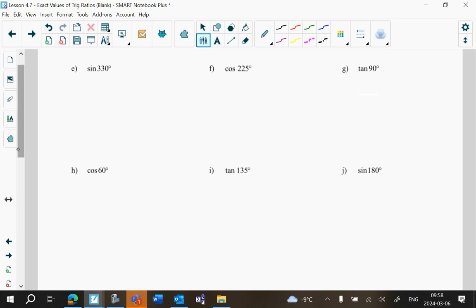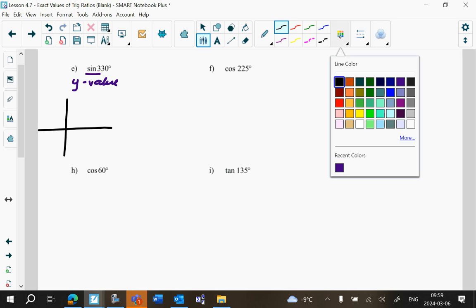There's some more tan examples. Like I said, tan is the one where you've got to do a little bit of work. Y value, x value, or y divided by x? For sine of 330, y value. 330 is in the 30-degree family.